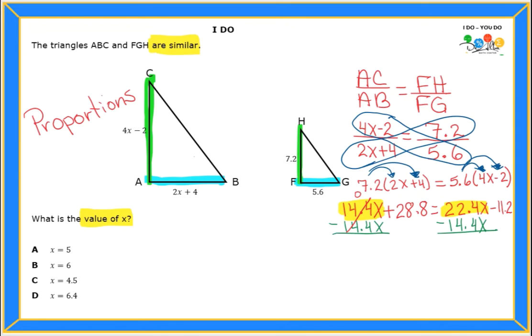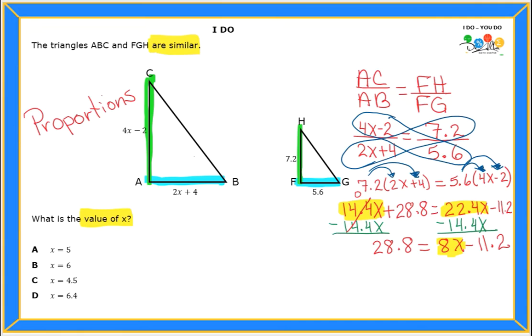So what is left? Well, I have 28.8, and on the other side, 22.4x minus 14.4x gives me 8x minus 11.2. Notice how my x is on the right, but there are no more x's on the left, which is good.